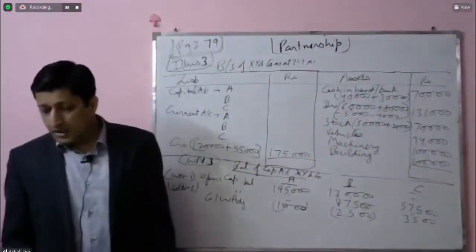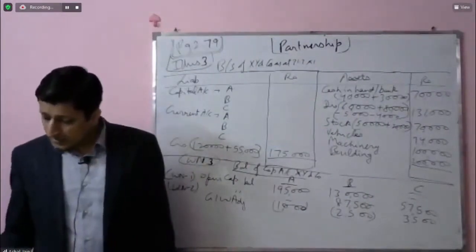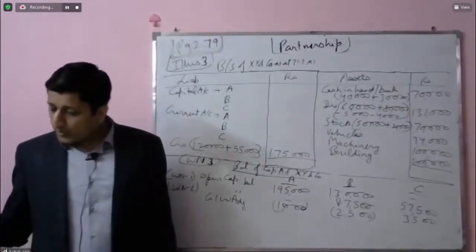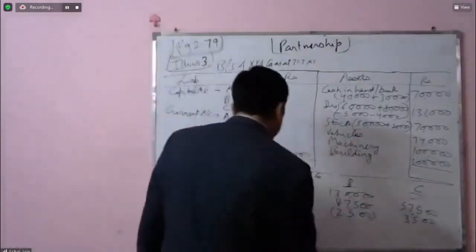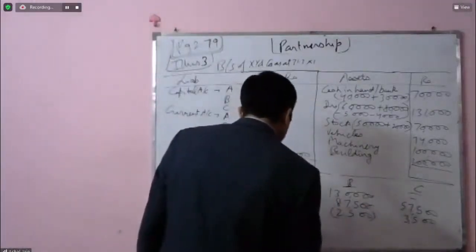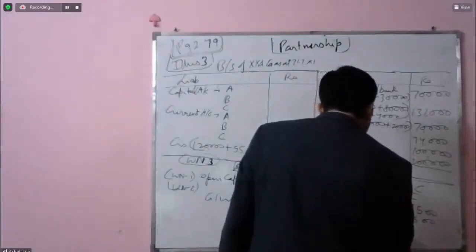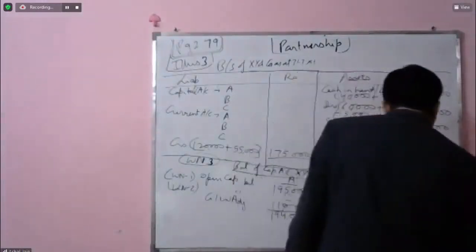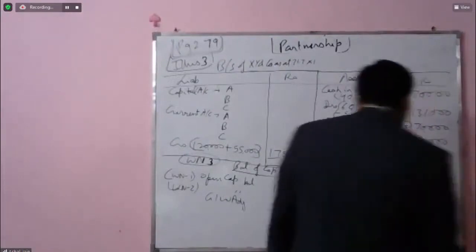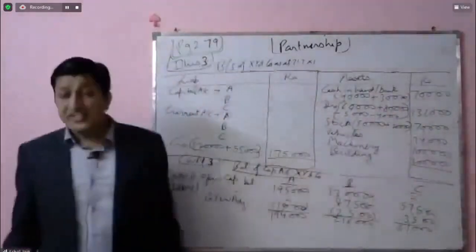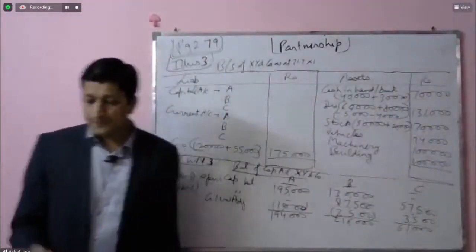Okay. So what do we get? We get 194,000, 216,000 and 61,000. So these are the capitals.